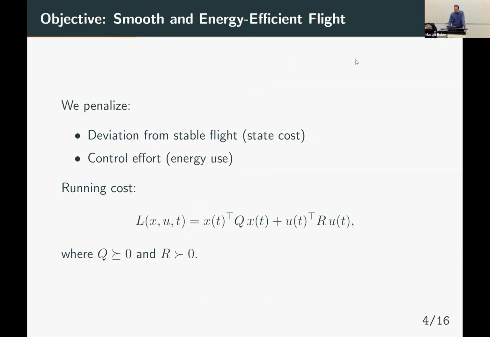All right. So we want smooth and energy efficient flight. We want to penalize a deviation from the stable flight, so we need to put a cost on the state, and we want energy minimization. We want to make U as small as possible, because if U is as small as possible, it's not going to use as much fuel.